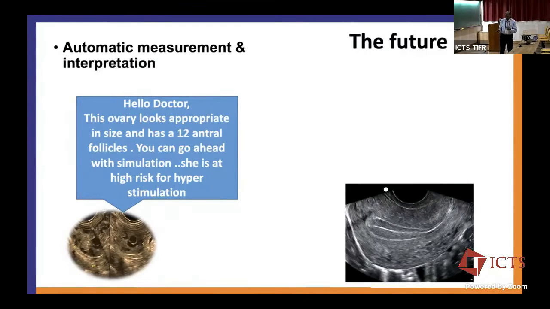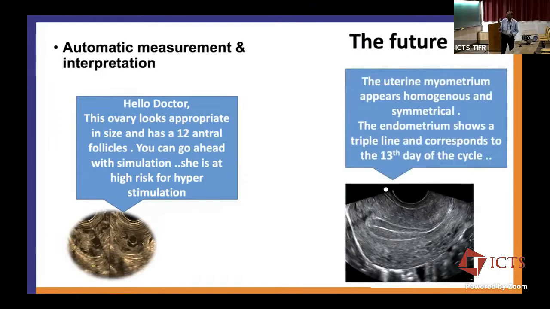She is at high risk for hyperstimulation. It is going to tell you that. And the uterine myometrium appears homogeneous and symmetrical. The endometrium also shows a triple line and corresponds to the 13th day of the cycle. So please go ahead with intrauterine insemination if you want to in this cycle. If the machine is able to tell this, look how life will change. Thank you.